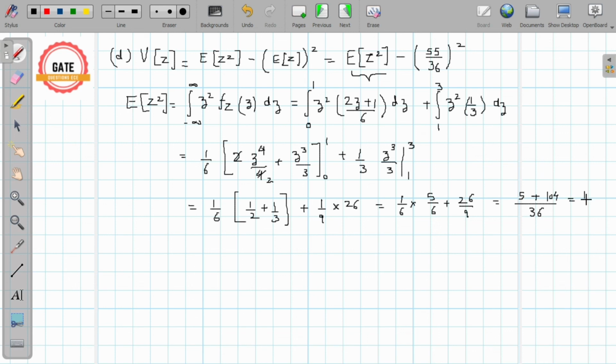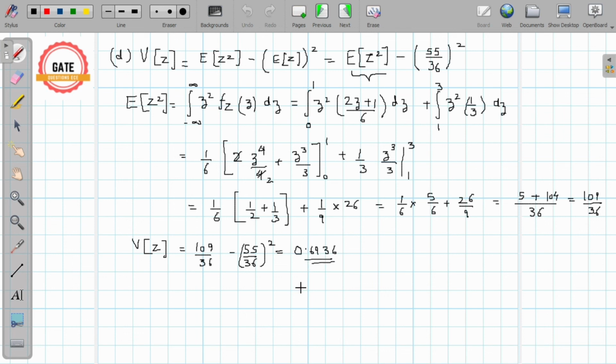So this is equal to 109 by 36. So putting this expectation of Z square here, we will get the variance of Z is equal to 109 by 36 minus 55 by 36 whole square. So after calculation, this will give us 0.6936. So this is the variance of Z.